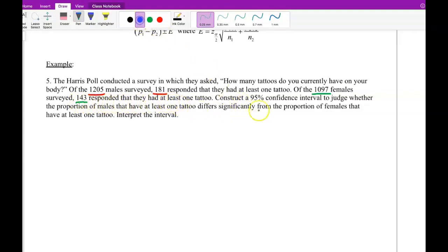Construct a 95% confidence interval to judge whether the proportions of males that have at least one tattoo differ significantly from the proportion of females that have at least one tattoo.